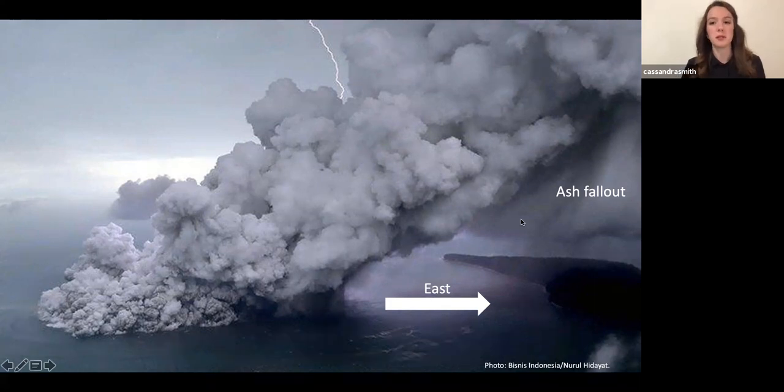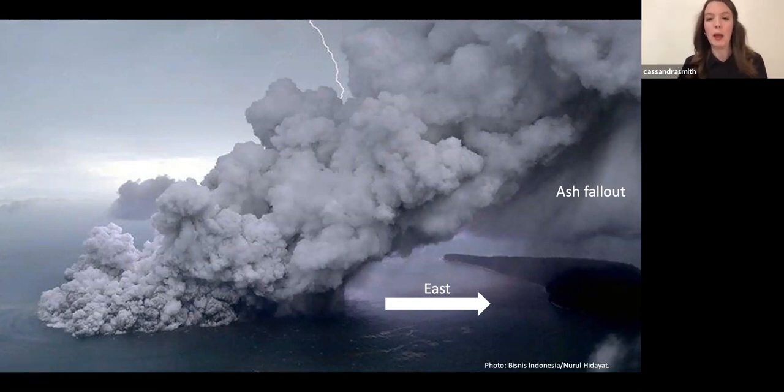Now, what we don't see in this photo is what's happening above the frame of view. However, this lightning flash here gives me some hint that I think this plume might be bending back towards the west, and this flash would be a cloud-to-cloud type flash connecting this lower portion and the upper portion of the plume.